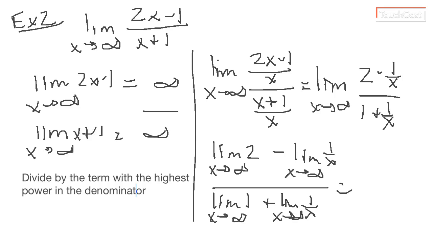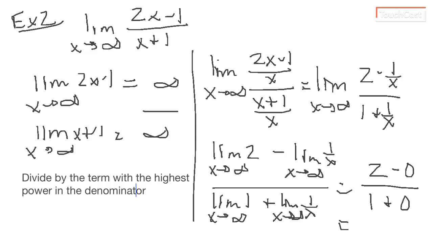From our previous chapter on limits, we know the limit of 2 is 2. We know the limit of 1 is 1. And from this lesson, Theorem 3.10, we know the limits of 1 over x are going to go to 0.